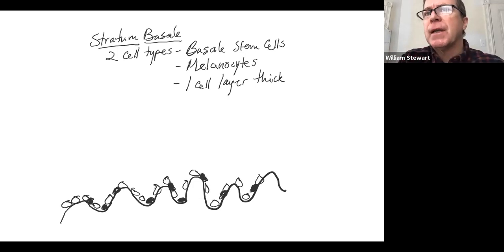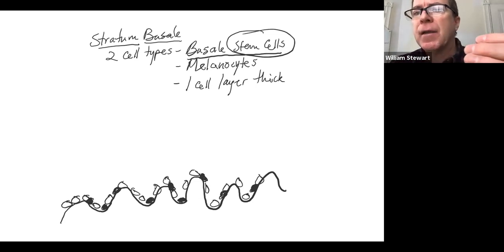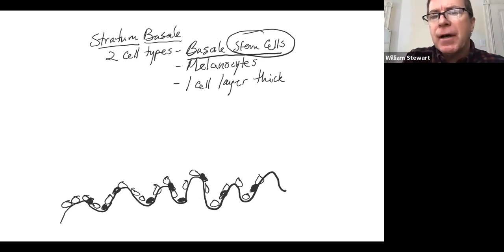The basal stem cells are stem cells, so they're constantly mitotically dividing and giving off new cells. So I'm drawing little arrows. These stem cells are constantly producing new cells.